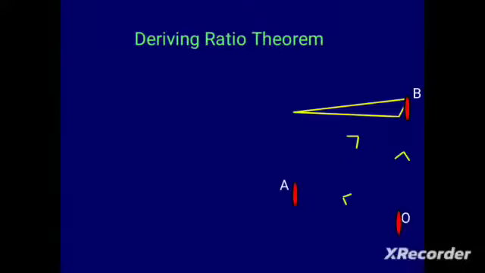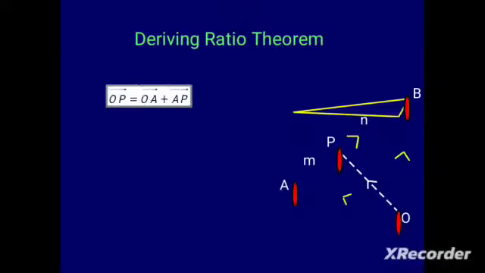So that means we have the length AB, and the length AB has been divided by letter P. So we have AP given as M, and we have PB given as N. So that means vector OP is given as vector OA plus vector AP.